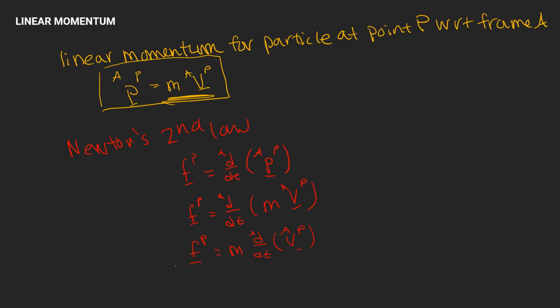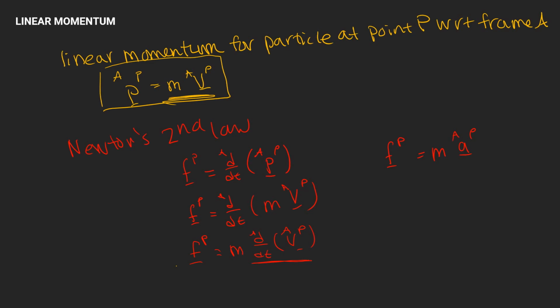So now we can write this here, and as I'm sure you all recall, this term leads us to write that force equals the mass times the acceleration of point P in frame A. And this is where the famous F equals ma equation comes from. When you look at this equation, it should be clear that on one side you have force, and on the other side you have motion, this acceleration term.